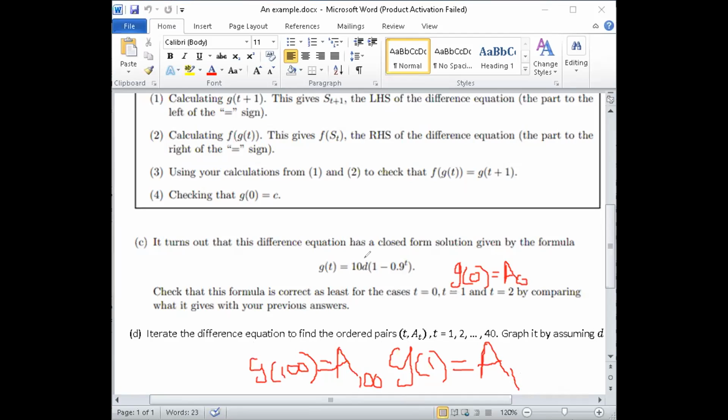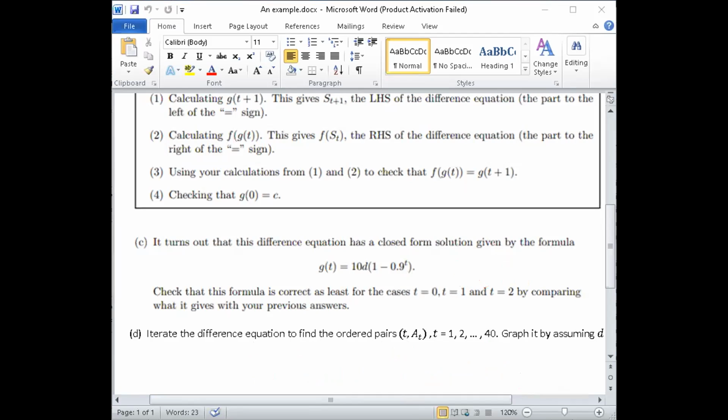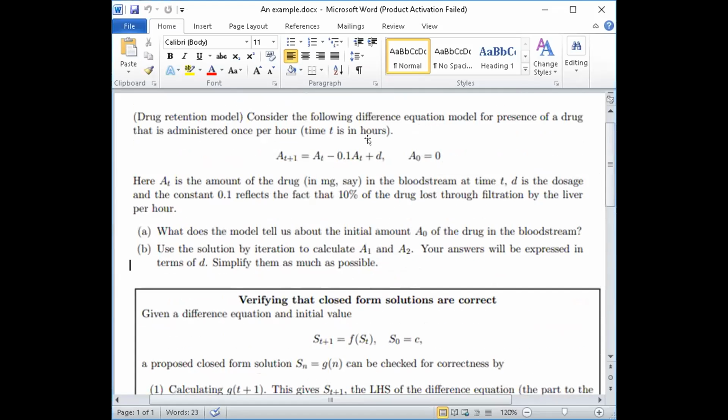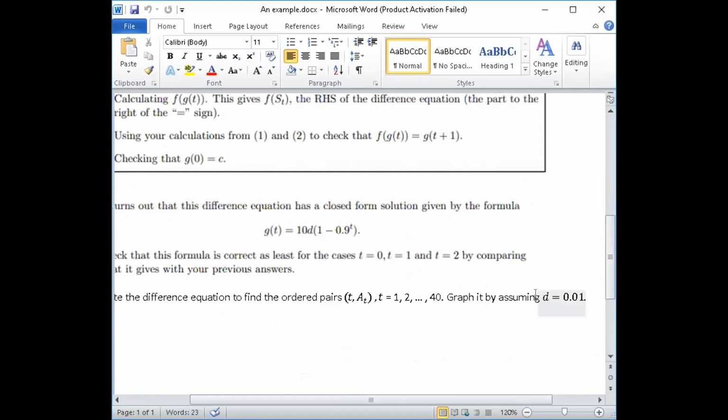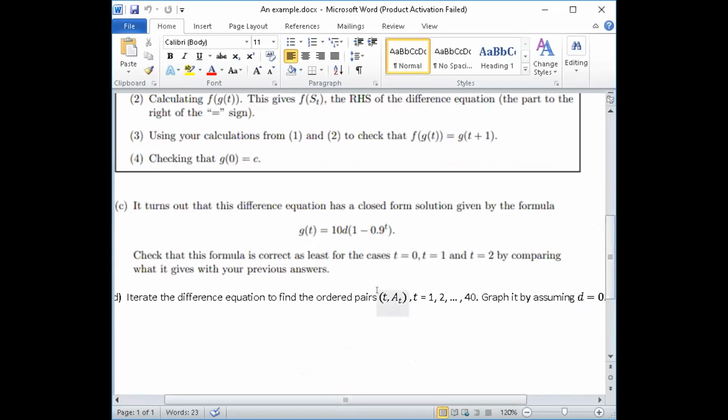This is the closed form of this difference equation. Let's assume the value of d is this one, and I want you to plot the first 100 pairs.